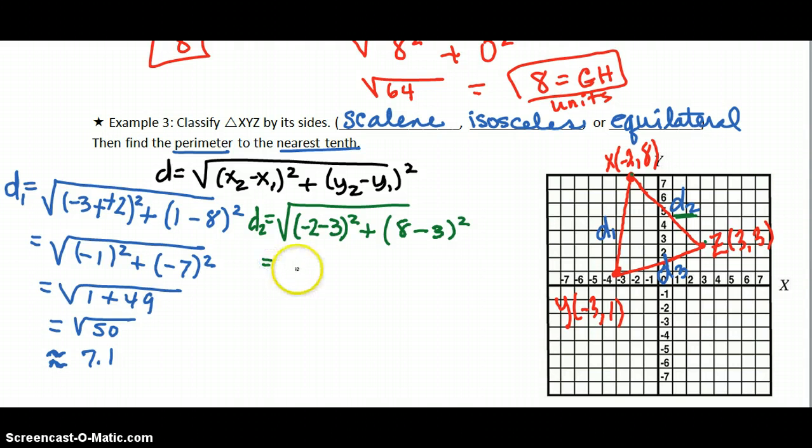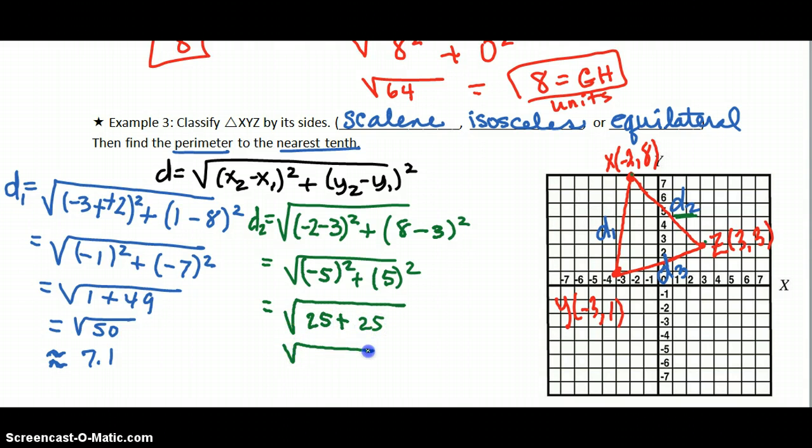So distance number 2 is going to give me a -5 squared plus +5 squared. So that's going to give me 25 plus 25, the square root of 50 again. And that's about 7.1 again.